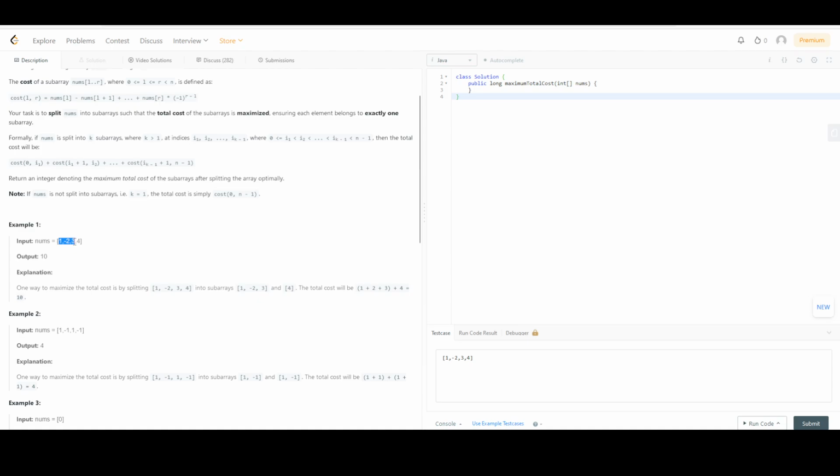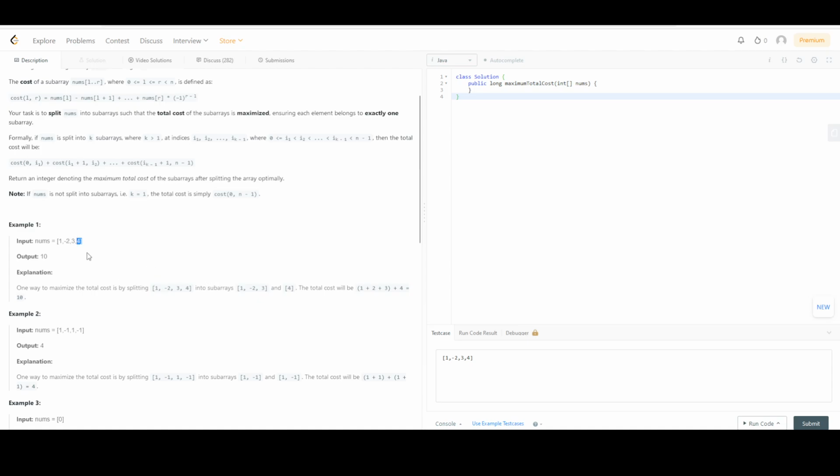We will consider 1 and -2 as the first subarray, and 3 as the second, 4 as the third. There are multiple ways to do this. So 1 and -2 will be 3, and this subarray 3 is 3 and 4 is 4. So 4 plus 3 plus 3, it will be 10.